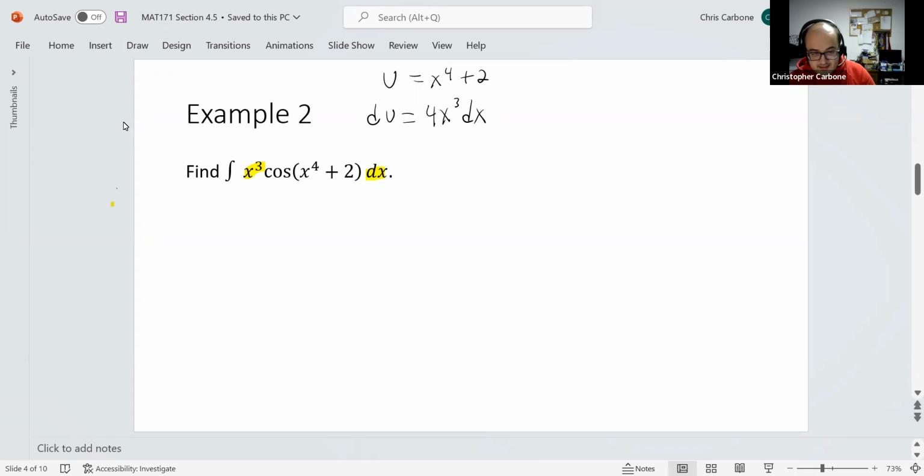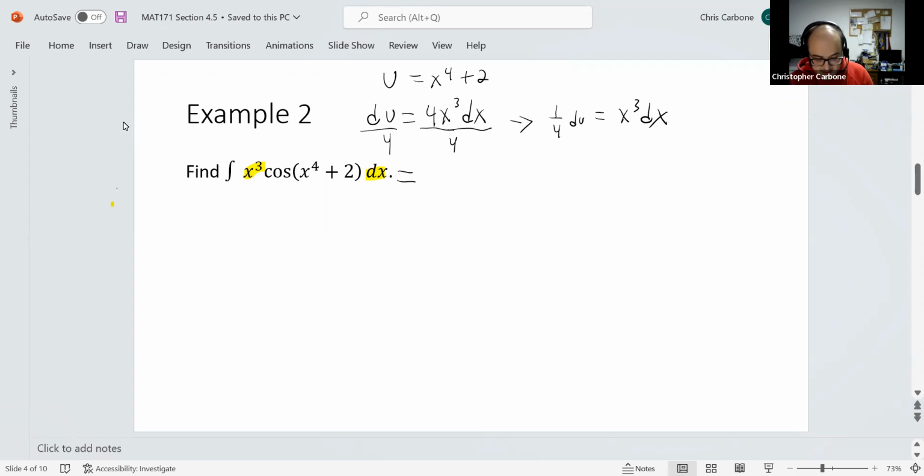So we need to slightly change this to apply the substitution correctly by dividing by 4 on both sides. So this is the same thing as 1/4 du is equal to x cubed dx. And now that matches. So since that matches, we can now apply this.